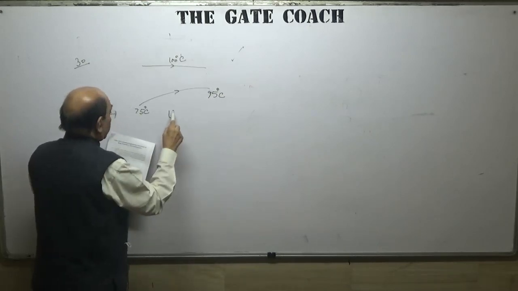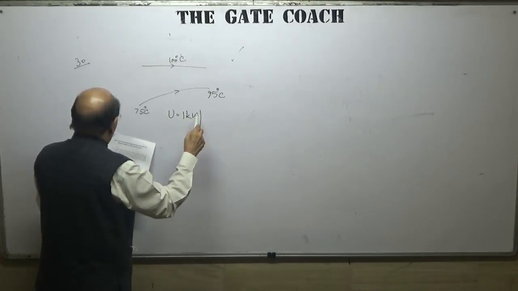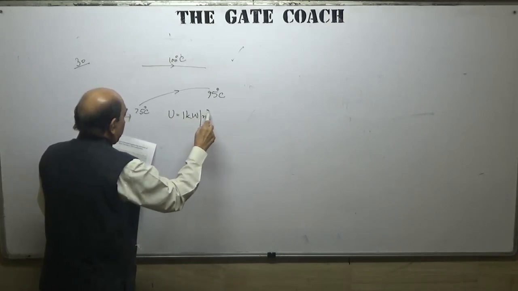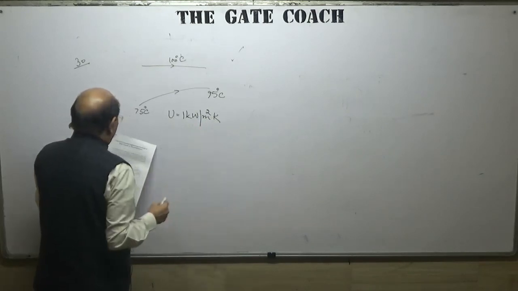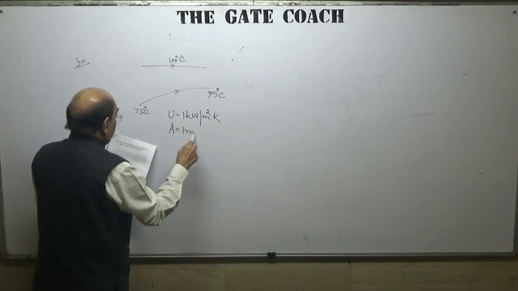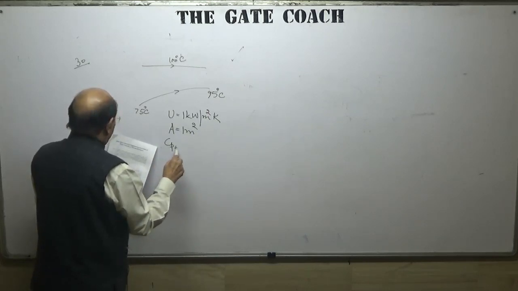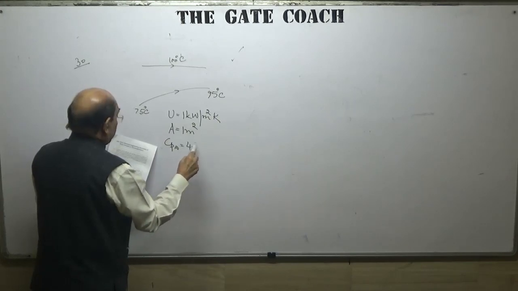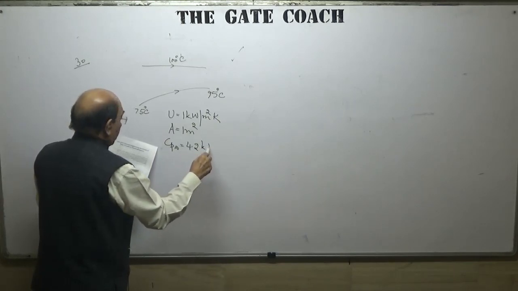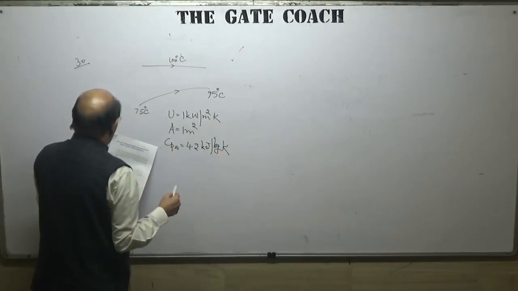The overall heat transfer coefficient is given as 1 kilowatt per meter square Kelvin, and the heat transfer area is 1 meter square. The specific heat of water is given as 4.2 kilojoule per kg Kelvin.